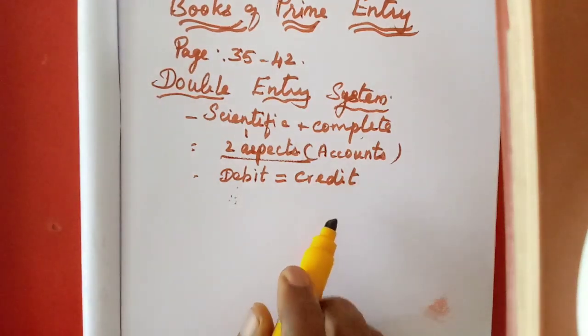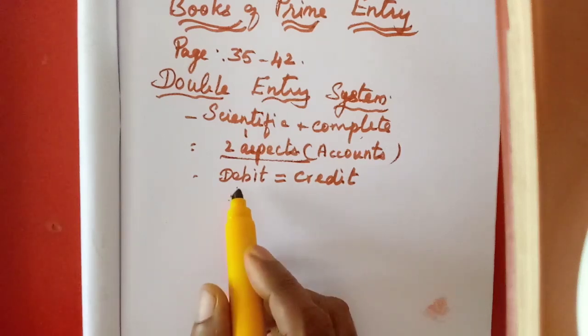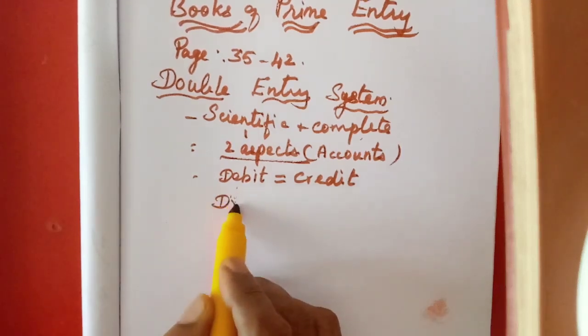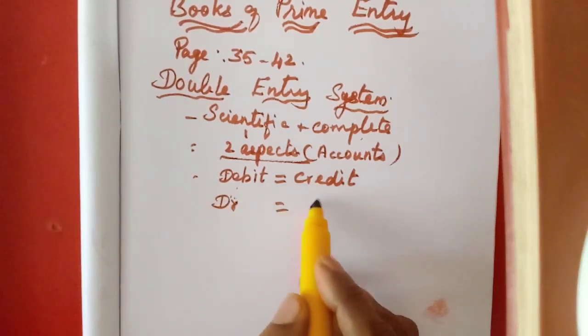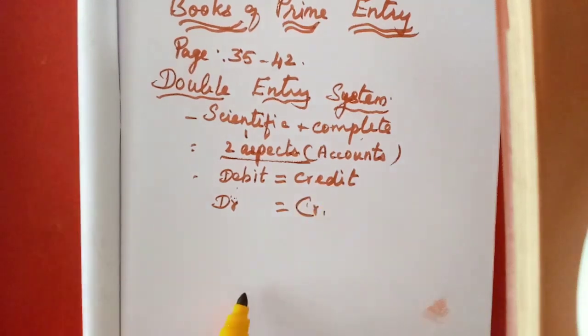We call this the debit aspect; in short we write Dr, debtor. In short we call the other one credit.